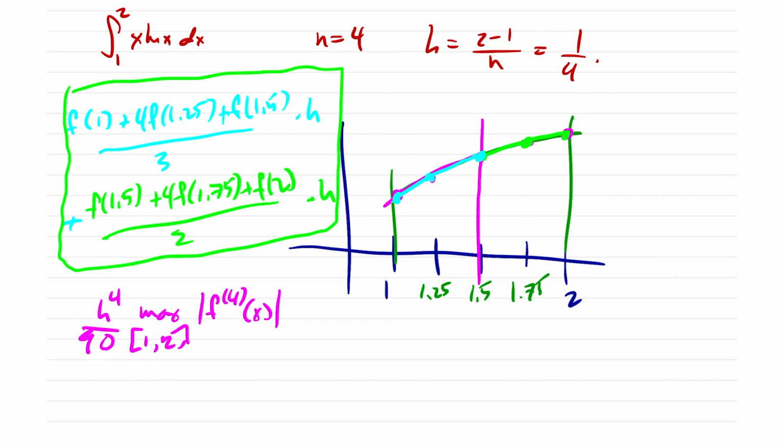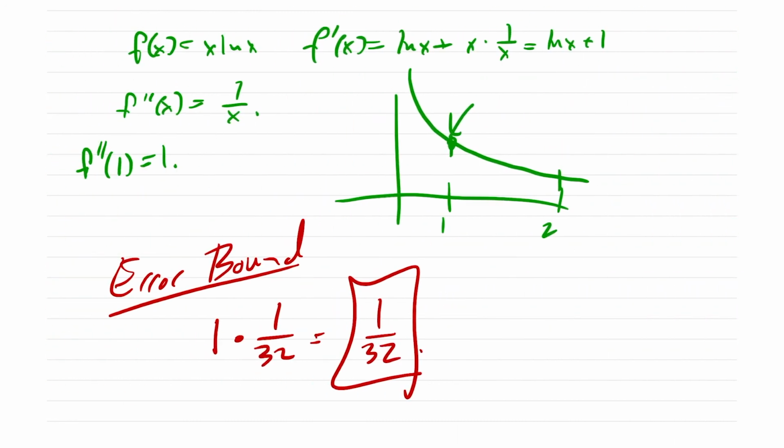Well, h here is 1/4, so it's 4 to the 4th. 4 cubed is 64, so it's 256. So it's going to be 1 over 256 times 1 over 90 times the maximum of the 4th derivative of f over that interval.